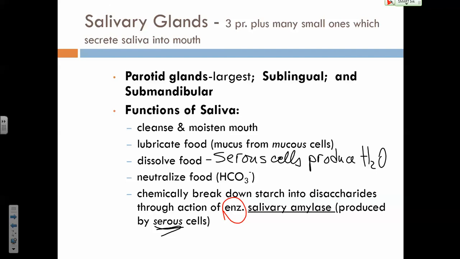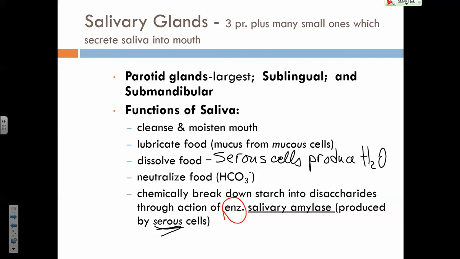Okay. So on your test, if I ask you which food group begins its chemical digestion in the mouth, you would say carbohydrates, and specifically it's starches. Okay. Today, when you get home, eat a cracker or something else loaded with starch and chew on it for a whole minute before you swallow it.